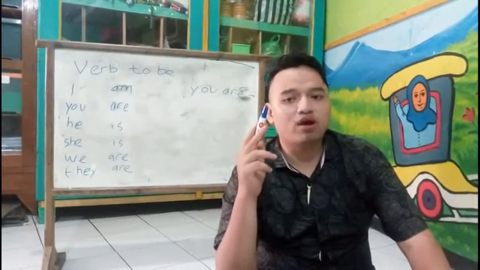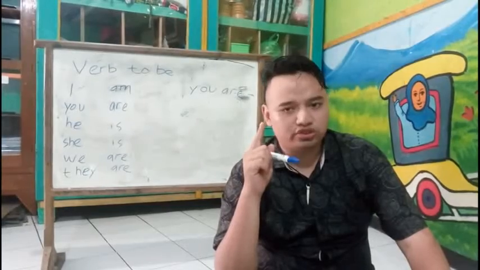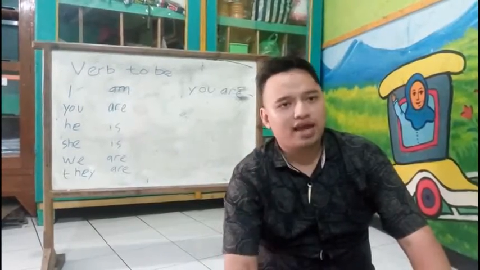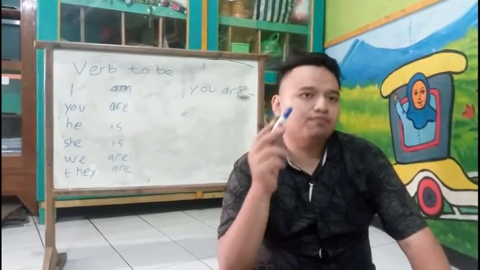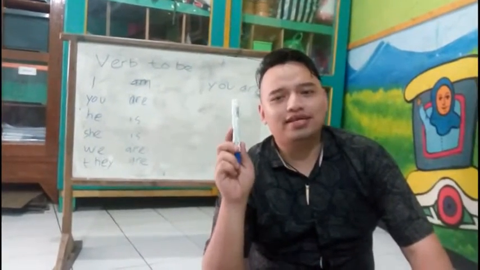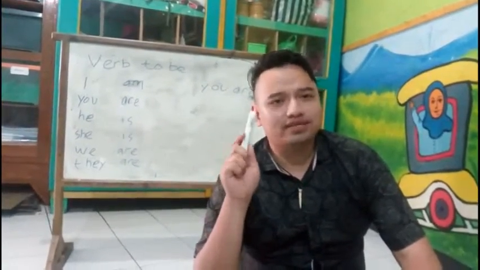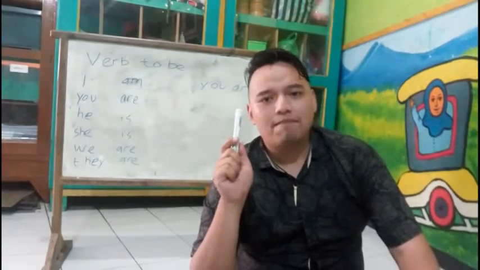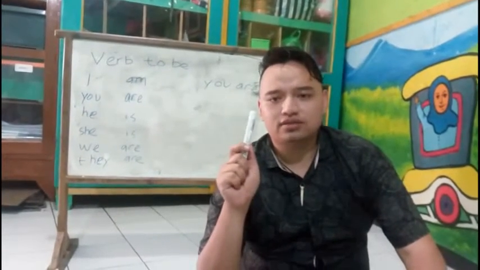However, there is one verb that's the most used in the English language, and that's the verb to be. For children, learning the verb, and especially this one, might be a difficult task.